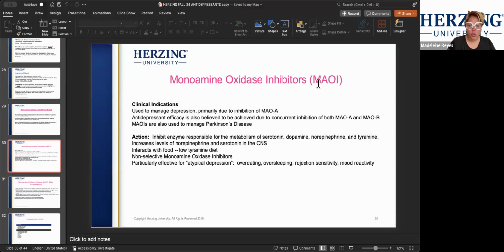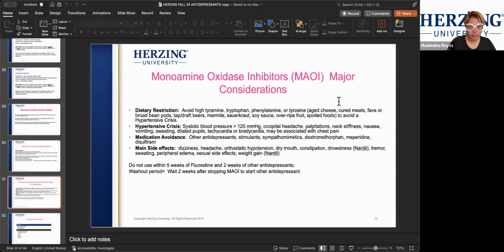It interacts with food, so a low tyramine diet is needed. Non-selective monoamine oxidase inhibitors are particularly effective for atypical depression: overeating, oversleeping, rejection sensitivity, mood reactivity. MAOIs are usually not used as much anymore. It'll be more of a last resort if they have severe treatment-resistant depression, and you'll see clients on them despite the dietary restrictions.